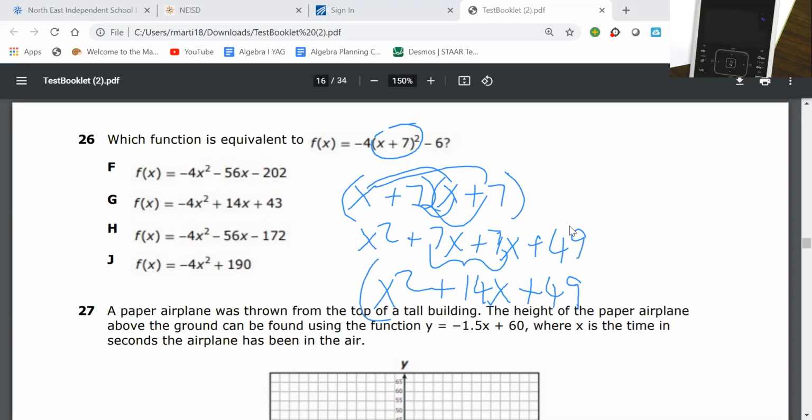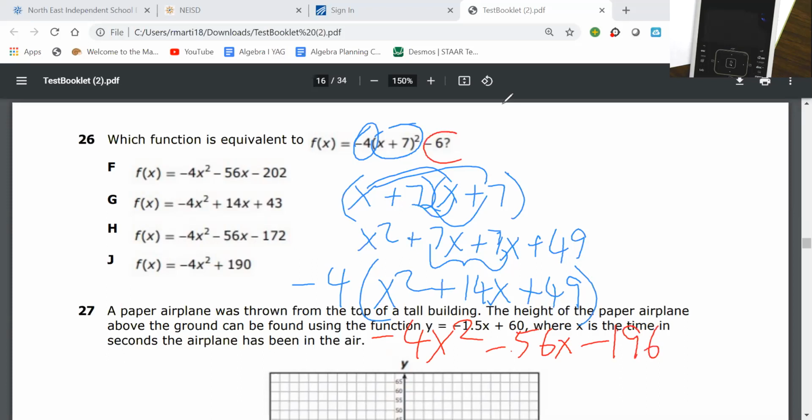But then you have this -4 out front multiplying that whole thing. So -4 times all of that, and you get -4x squared minus 56x minus 196.